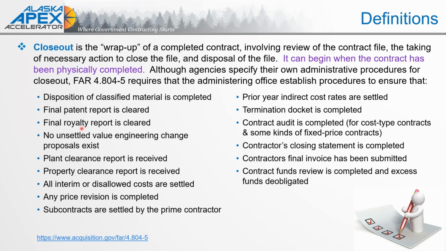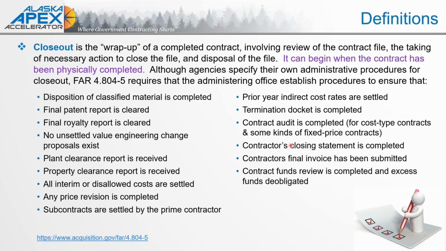Disposition of classified materials, property clearance report is received, any price revision is completed. So when we talk about price revision, any of the change order documentation, any of that request for equitable adjustment, subcontracts are settled by the prime contractor, and in some cases, federal agencies might even ask for documentation to the effect that there are no subcontractor liens on the contract.